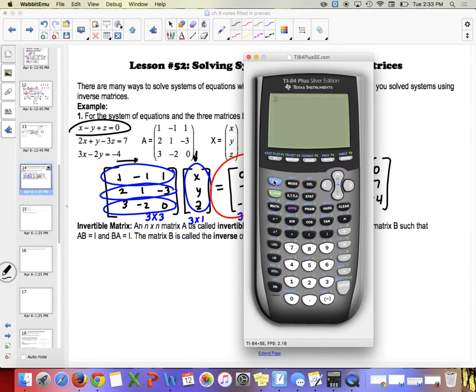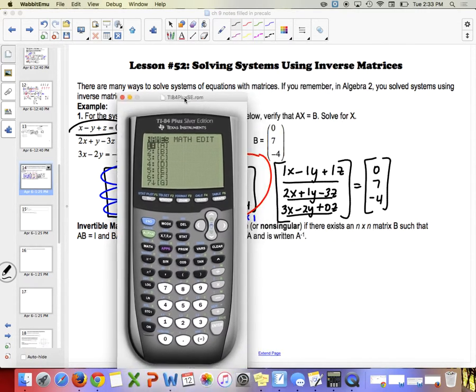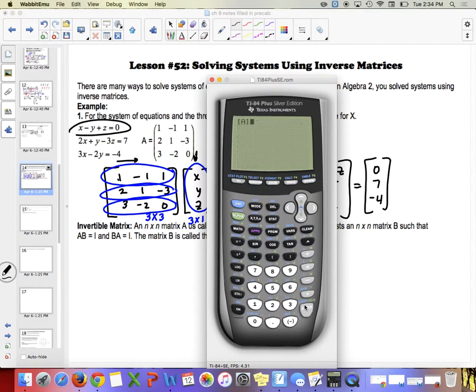So I'm going to do second matrix, and we will put in matrix A. Second matrix, edit. Matrix A is a 3 by 3 matrix. Do you need my calculator up there? Grab it. All right, so I'm going to put 1, enter, -1, enter.